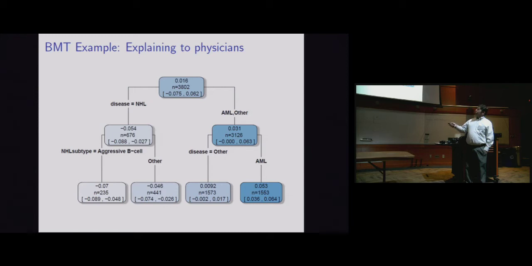You can quantify the improvement using the posterior samples from BART. So you have a subset essentially, and you can quantify what their outcomes are. And these patients here, the other lymphomas, they also seem to benefit, but to a smaller degree. The AML-other split went to AML versus other diseases.